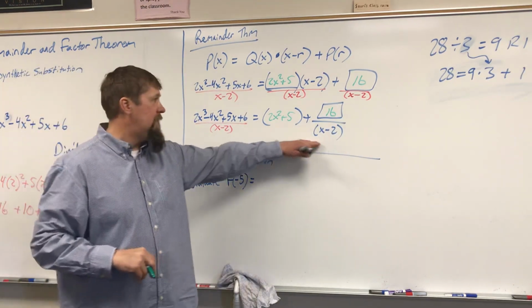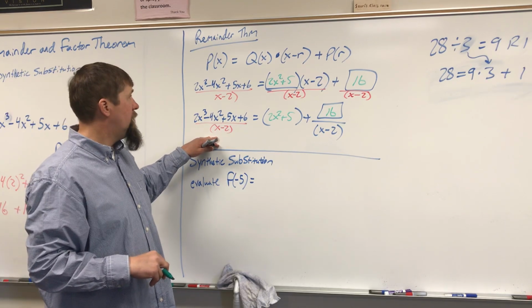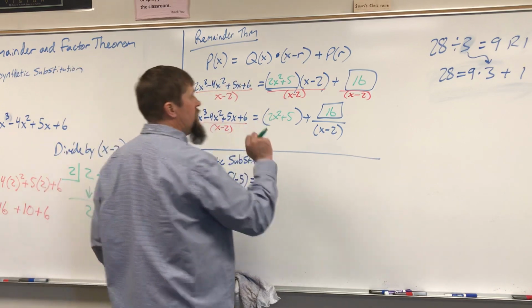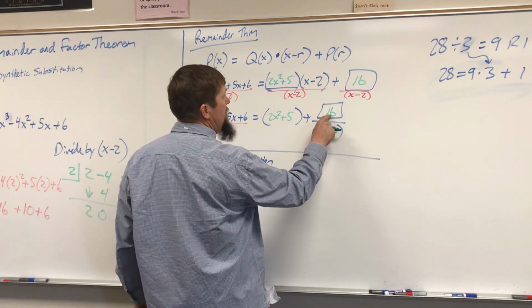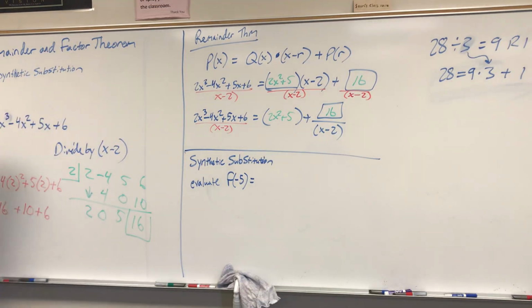This is what we did when we were doing long and synthetic division. This is basically what the remainder theorem is telling you. All they're saying is the remainder is the same as what you get when you evaluate.